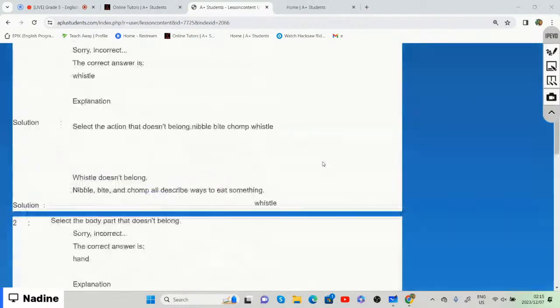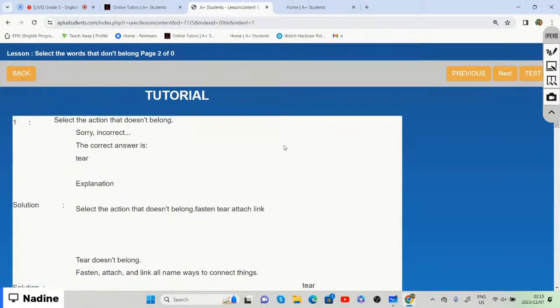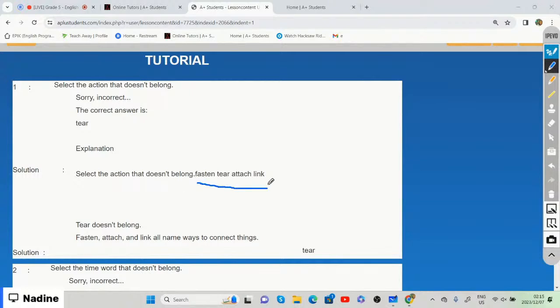All right. Let's quickly go next. We need to also select the related words. Here we have fasten, tear, attach, link. I'm going to write it down. We have fasten, tear, attach, or link, right? If we look at these words, we have fasten, tear, attach, or link.